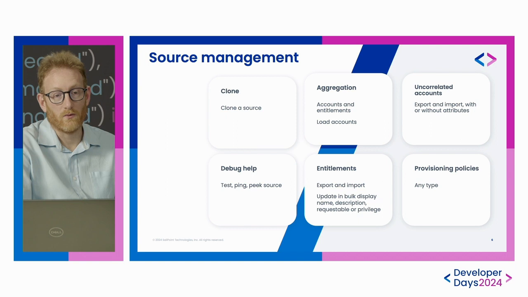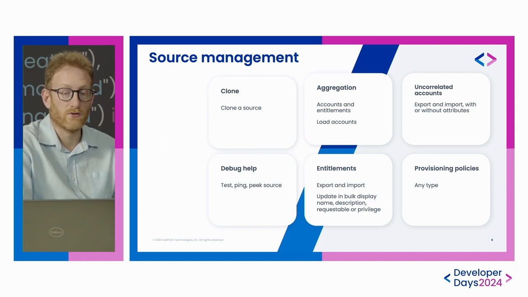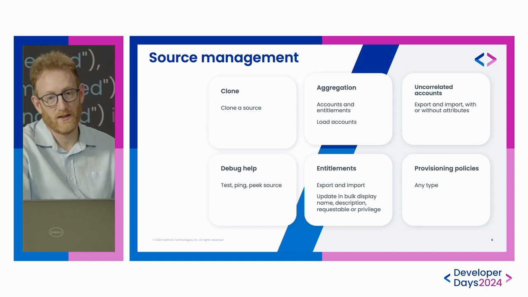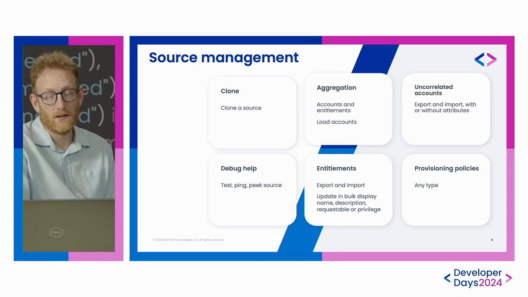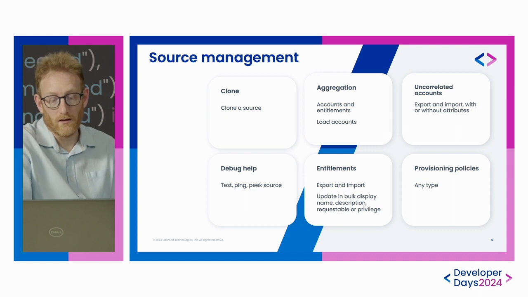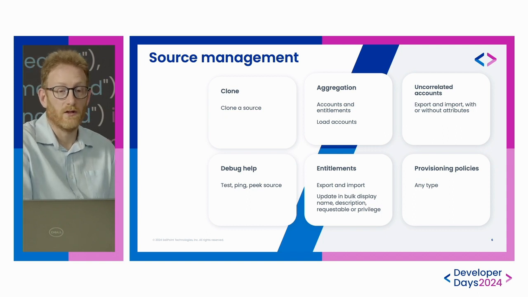Also added on the source is the capability to test. It's basically the same thing as you do in the ISC interface to test the connection. You can ping the source from the VA, or you can pick the source, which means that you can get only the first 10 accounts.